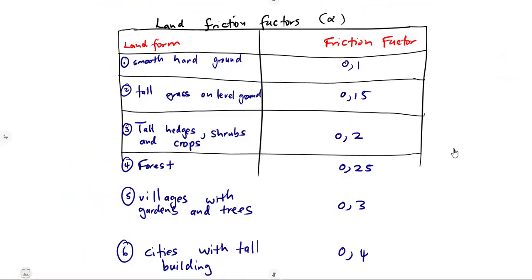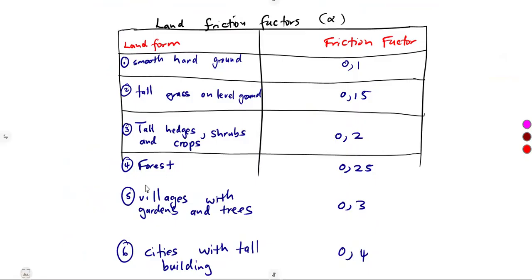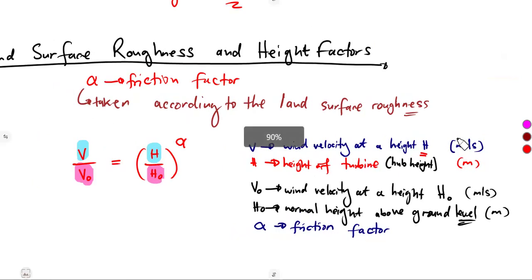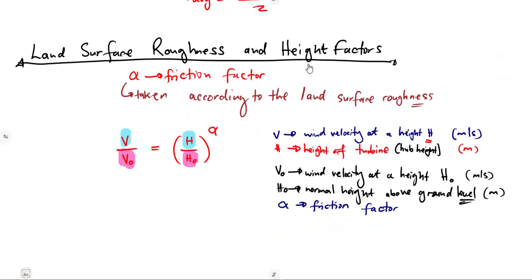We talked about that in class. So the friction factors differ according to the landform you are dealing with. These are the factors we are going to use when calculating the velocity, where the land surface roughness and height factors are considered. All right.